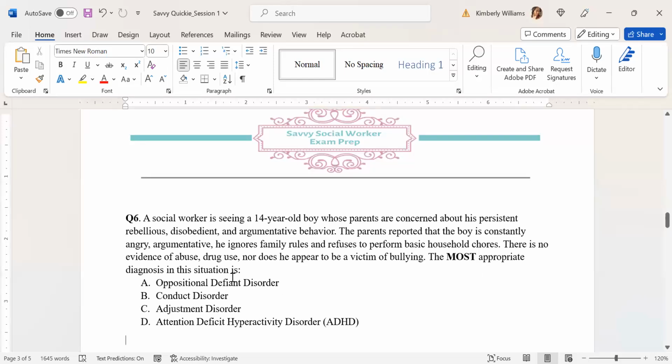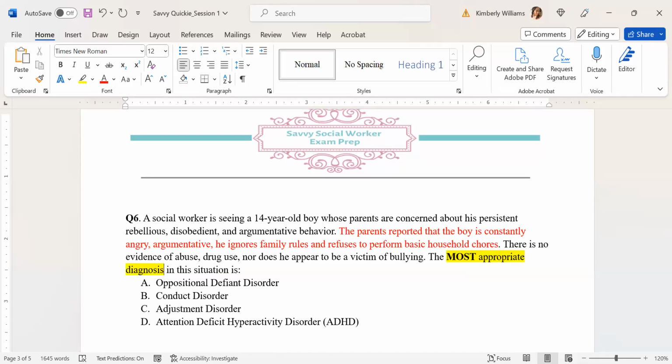The most appropriate diagnosis in this situation is, again, a Unit 2 question. You just look at what they say the behaviors are. So just looking at these behaviors, which one of these answer choices do you think it most appropriately aligns with? Which one makes the most sense? Is it oppositional defiant disorder, conduct disorder, adjustment disorder, or ADHD?